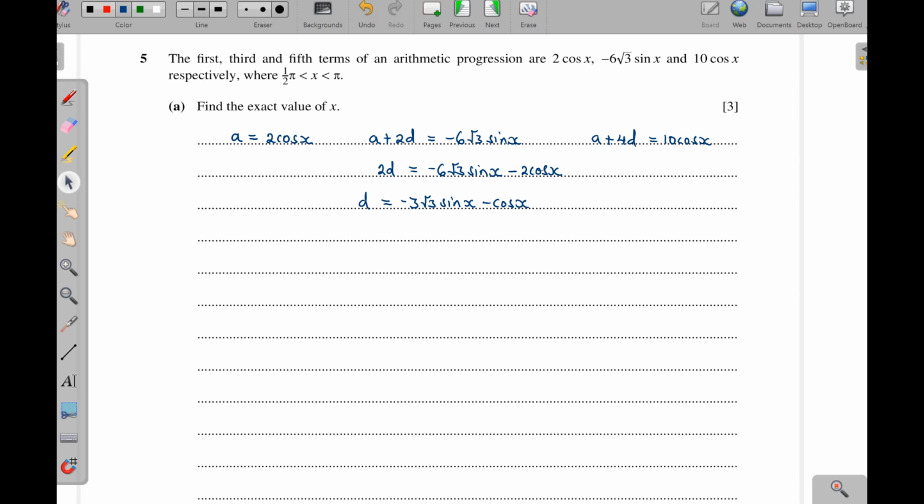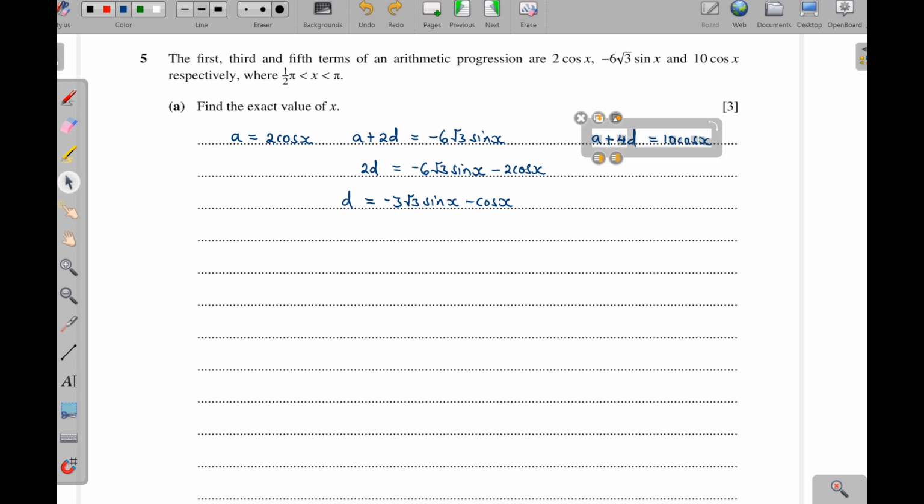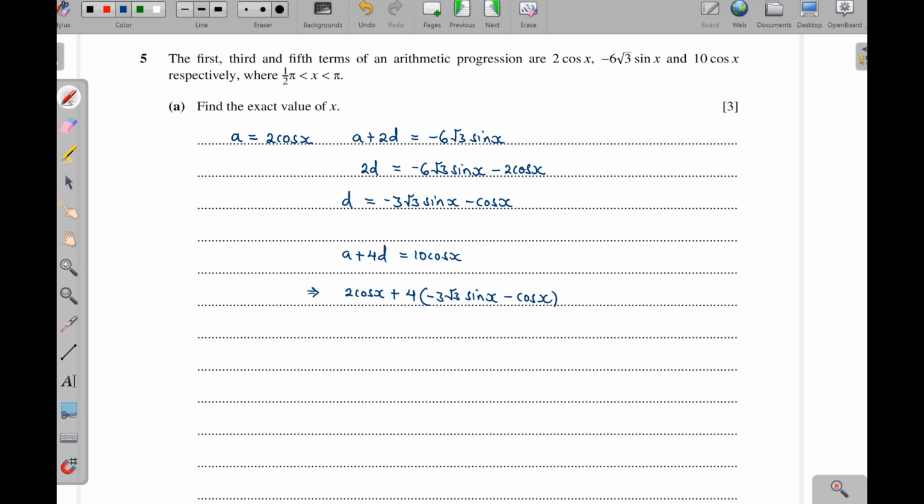Okay, and then from here, I can now come to this side here. So we have, let me take this one here down. So we have our a, which is 2 cos of x, then plus 4, then d is negative 3 root of 3 sine of x, then minus the cosine of x, and then this one is equal to 10 cosine of x.